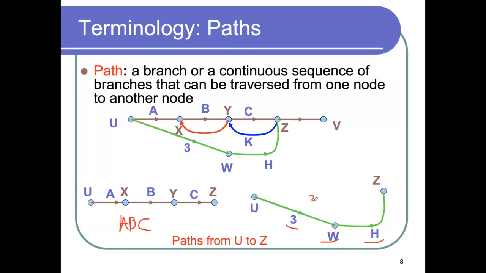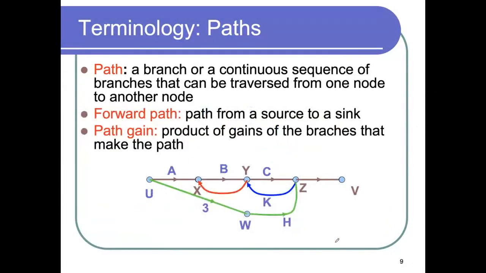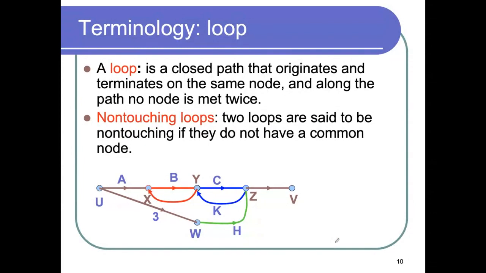Why not Z? Okay, because the branch is coming out of x. It's not coming to x. You have the branches going to x. The direction matters. You see that?